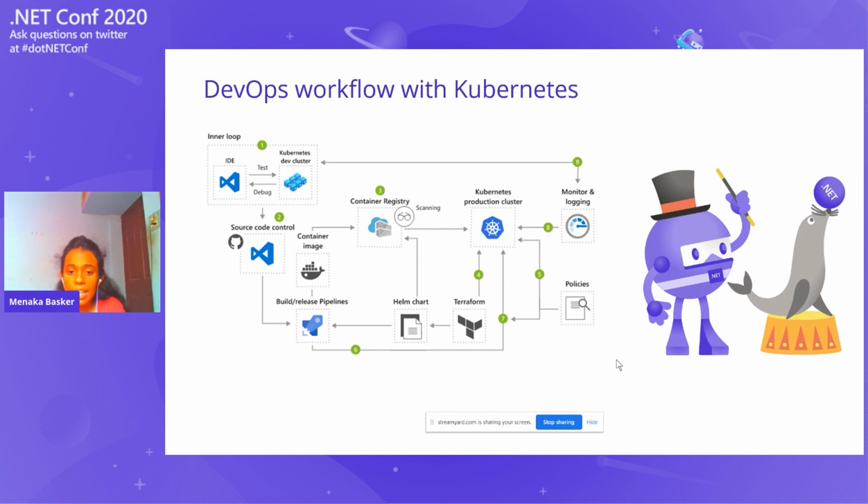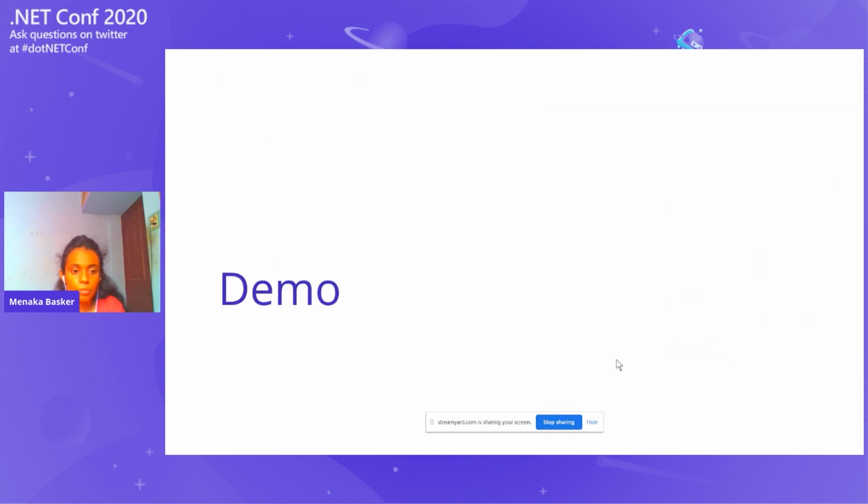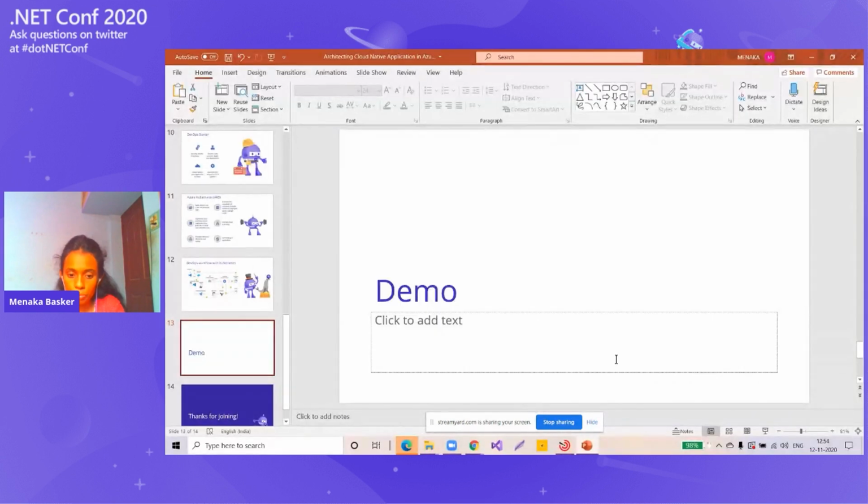Then I can check my policy and other things like Helm chart modification. Then I can build and release my pipeline. Once everything is done, there is a loop around the whole thing for monitoring and logging. Everything can be monitored from the single UI. This is a flow chart of how the exact .NET Core deployment with Kubernetes happens from your DevOps end. So I hope this will help. So let's see the demo.